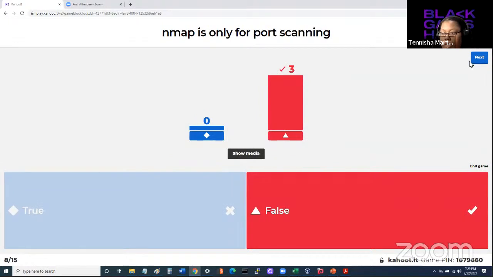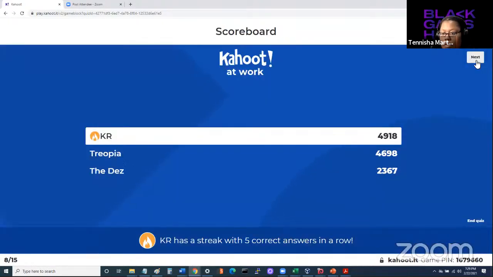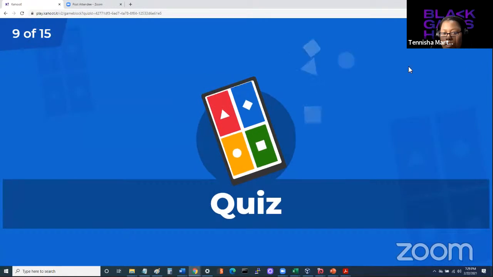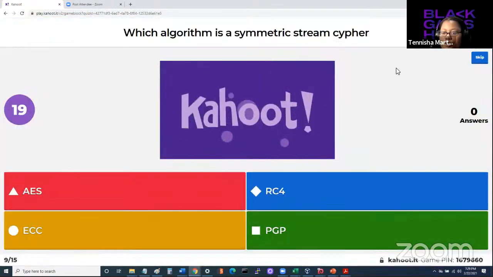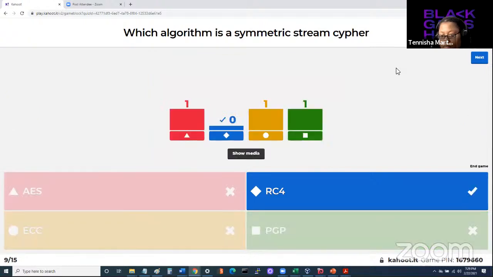This is true. It is not. Number 9, which algorithm is a symmetric stream cipher? RC4.